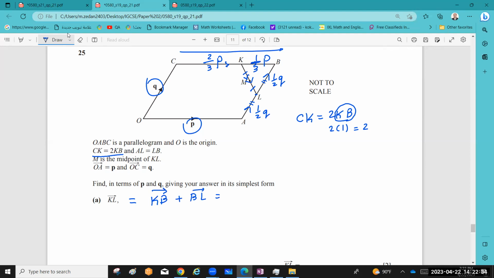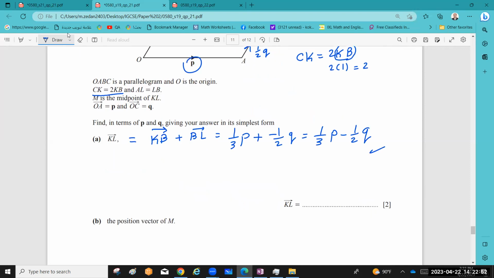So the KB vector is 1/3 P plus the BL vector here, in the negative direction, so it's negative half Q. So simply it's 1/3 P minus half Q. This is the vector KL.